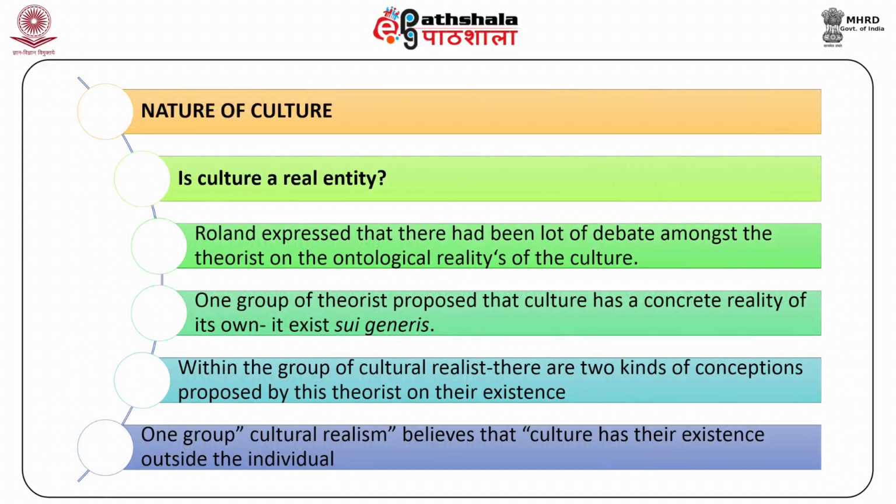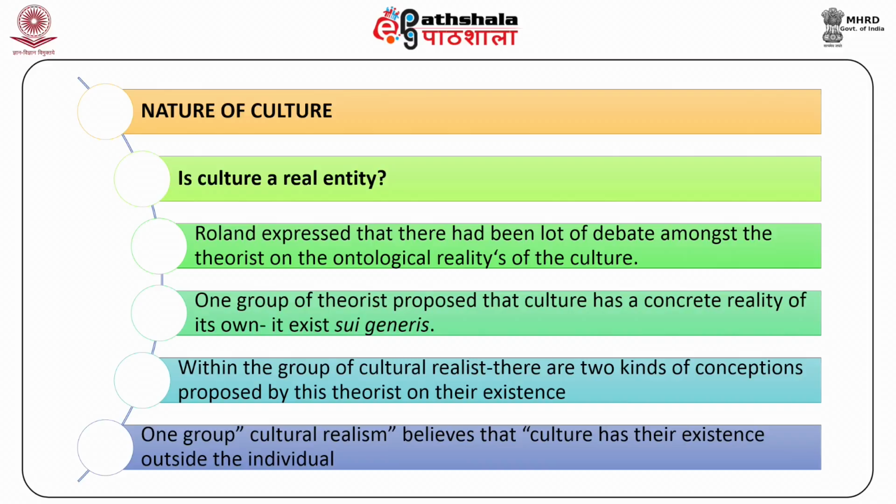Is culture a real entity? Roland, 1984, expressed that there had been a lot of debate amongst theorists on the ontological reality of culture. One group of theorists proposed that culture has a concrete reality of its own.